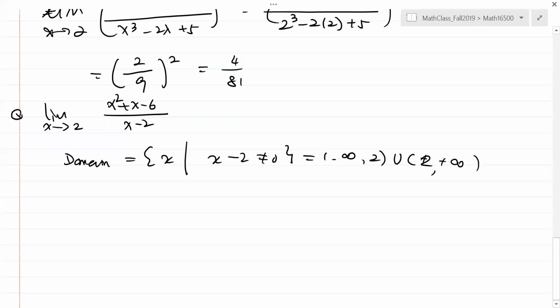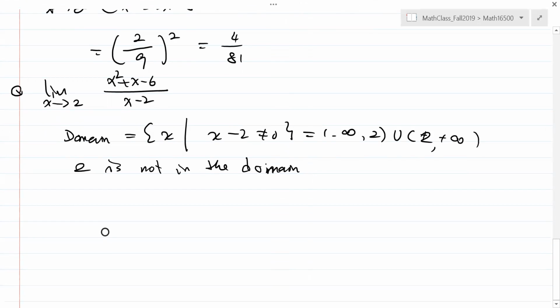So how do you find the limit of this function? Notice that 2 is not in the domain. Of course, it's not inside the domain. So I cannot just plug 2 for x to get the limit.